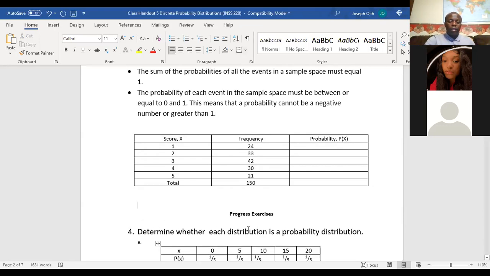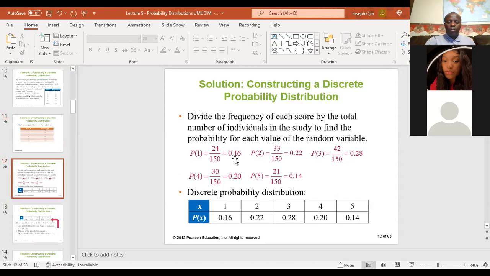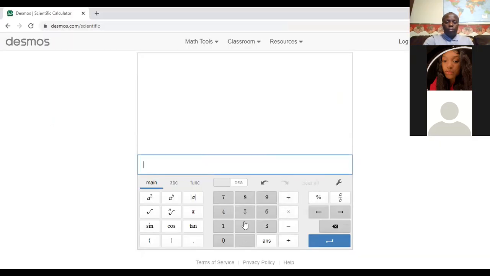You can see where they did it here from this paper. See what they did, each of them divided by 150. 24 by 150 gives 0.16, and I can see it written here as 0.16.